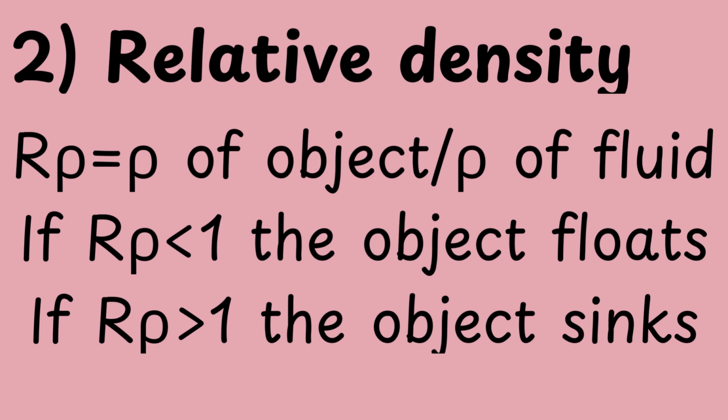A proper fraction means it is less than 1. That means it is floating. Very simple. Proper fraction, floating. Improper, sinking. If you don't know that, you can also say less than 1, floating. Greater than 1, sinking. Hope that is easy. We've all understood.